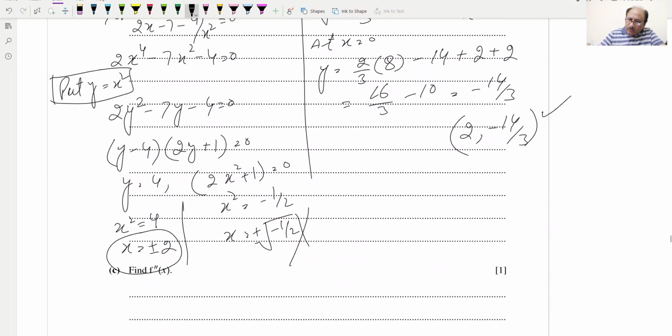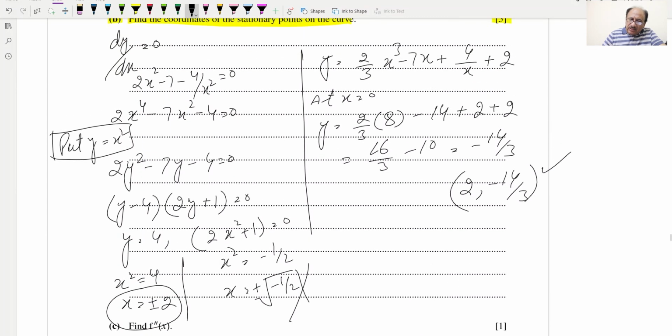And the second point we can find at x is equal to minus 2. So in the same equation we will replace at x is equal to minus 2, y will be equal to 2 by 3, and minus 2 cubed will be minus 8, and minus 7 times minus 2 will be plus 14, and minus 2 plus 2, so this is gone.